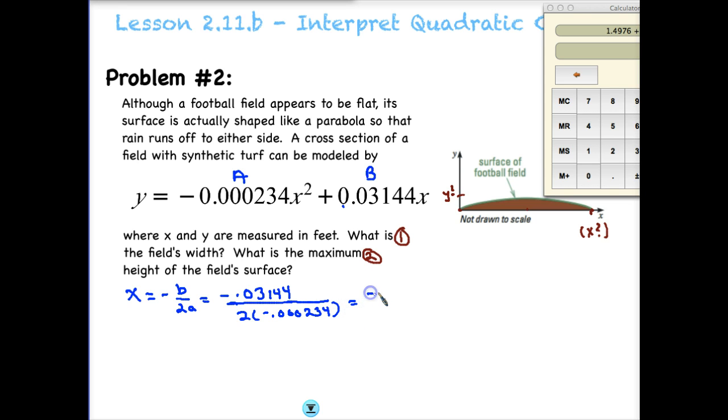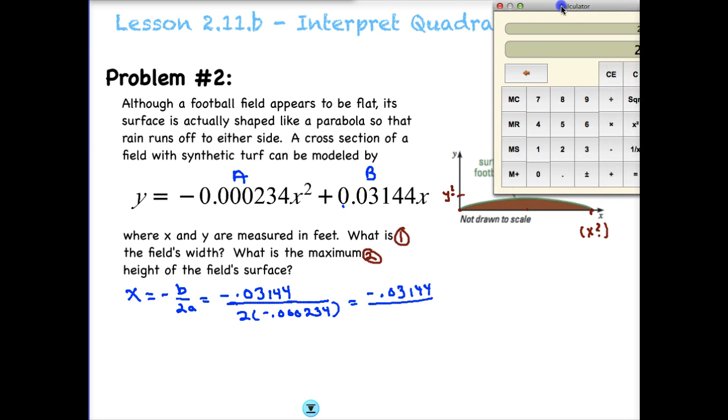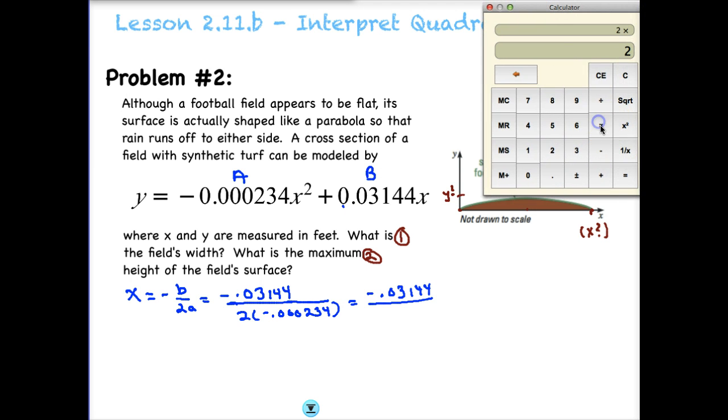All right, let's go ahead and simplify this. So let's simplify our denominator first. Let's do 2 times this information. So we have 2, we'll move our calculator back over, times 0.000234. So that gives us a negative, because we have the negative in front, 0.000468.